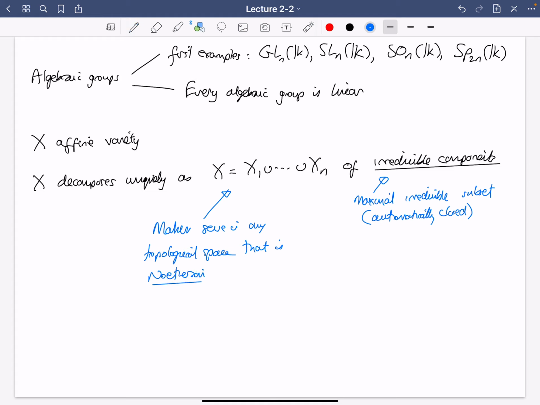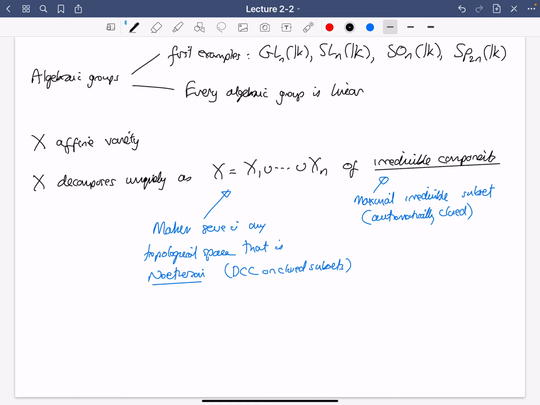A topological space is Noetherian if it has the descending chain condition on closed subsets. There's a simple proof of this decomposition into irreducible components. It's just a point set topology style proof. Any Noetherian topological space decomposes uniquely as a finite union of its irreducible components.